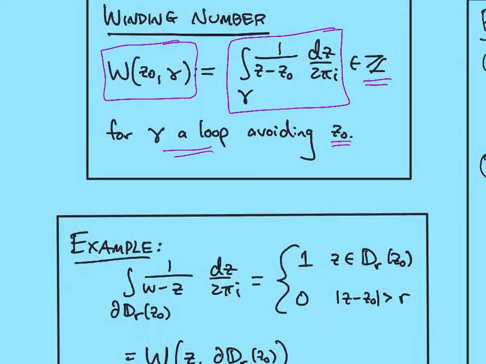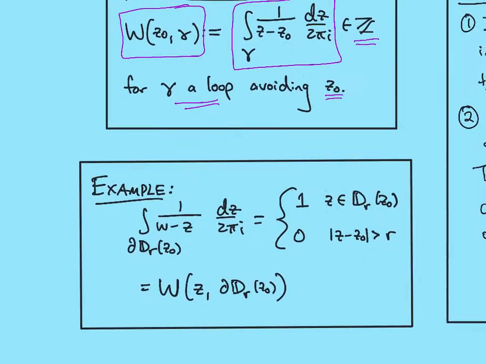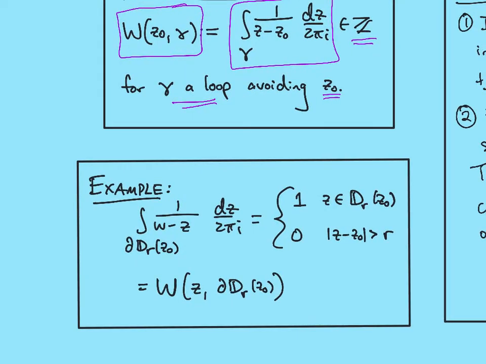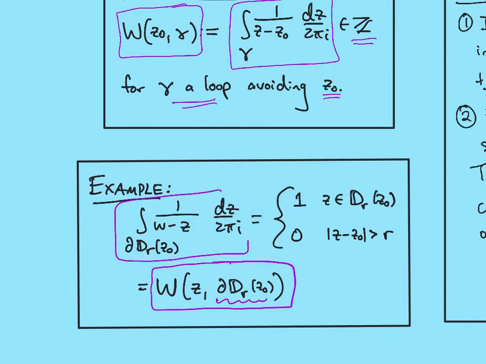And let's just make sure we're on the same page here. If I do the winding number of z with respect to the circle of radius r centered at z0, I'll compute this integral, which we've already done with our Cauchy integral formula on circles.